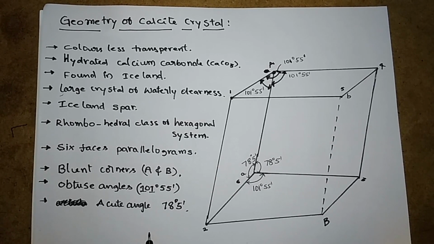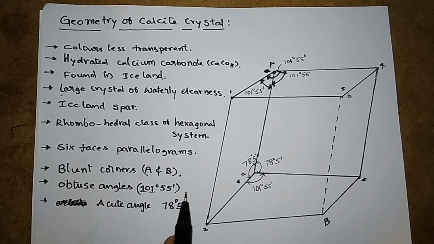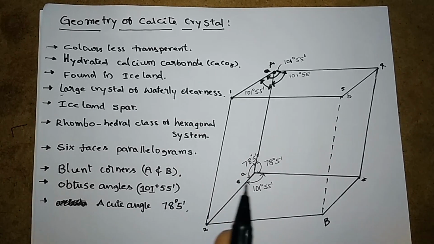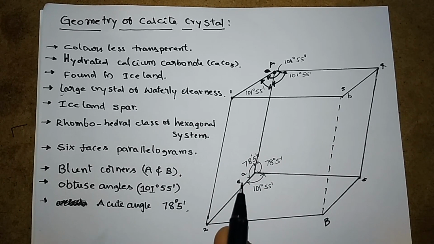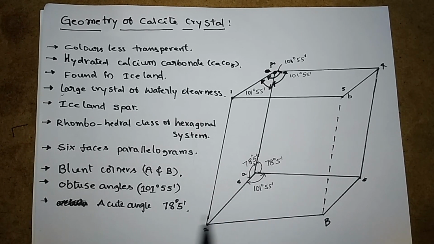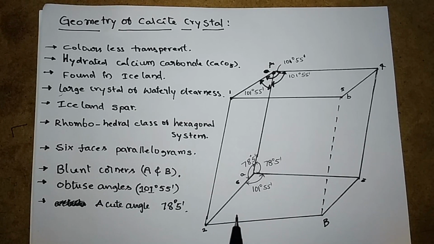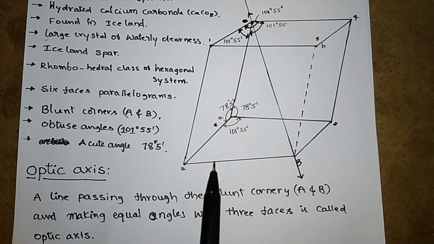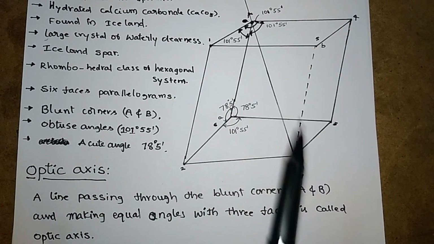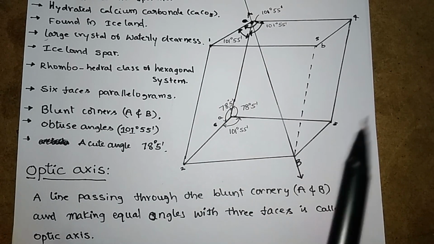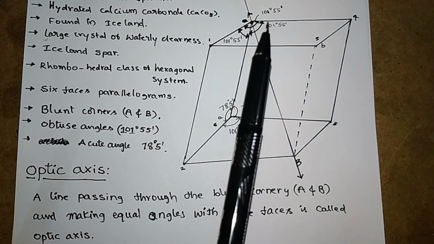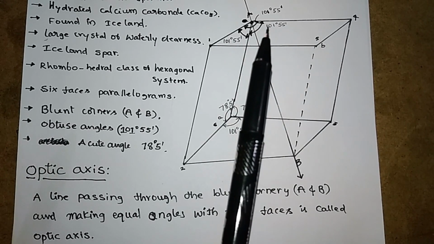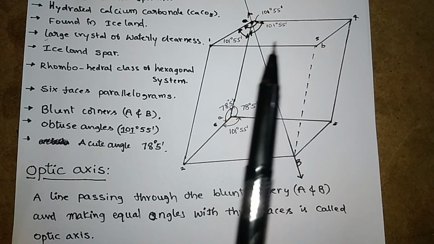In the calcite crystal, we have two other important topics. One is the optic axis and another one is the principal section or principal plane. Okay. Now we will discuss the optic axis. The optic axis is an imaginary line which passes through the blunt corners and makes equal angles with three faces.